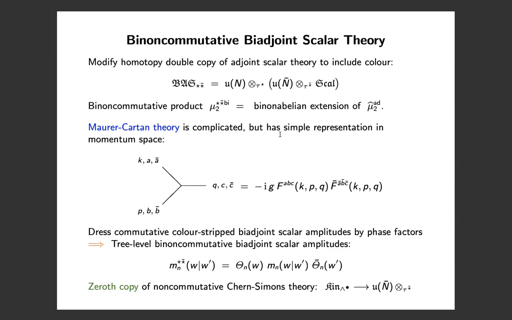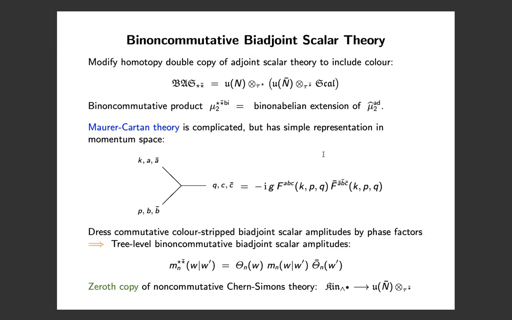And now the tree level amplitudes in this theory can be color stripped, and then you can show that they can be obtained from the commutative biadjoint theory by just dressing them by phase factors. Okay, so the tree level amplitudes in this theory are just given by dressing the commutative color stripped biadjoint scalar amplitudes.